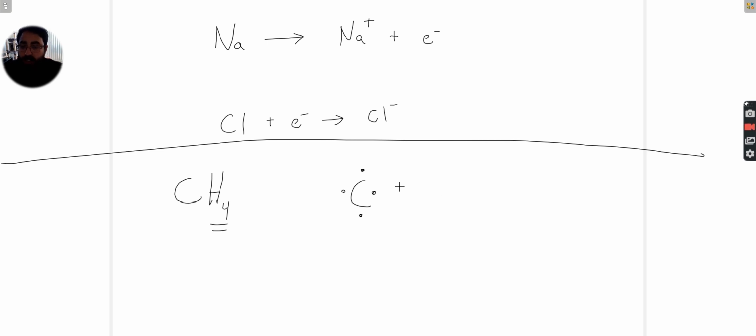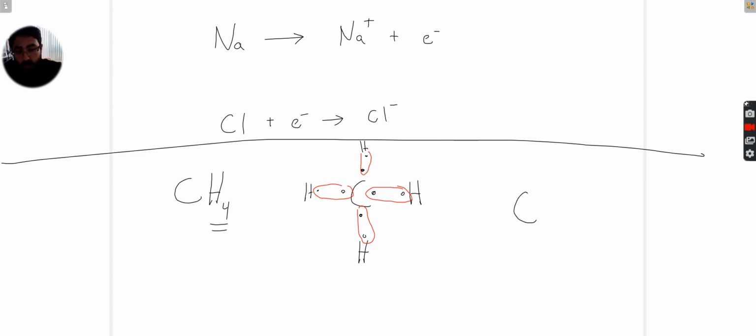And each hydrogen only has 1 electron. So what ends up happening is they like to share. So these would end up sharing, and now pretend that you have your 2 electrons here for carbon, 2 for carbon, 2 for carbon, 2 for carbon, and it gets its 8.